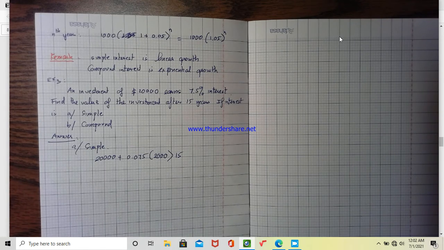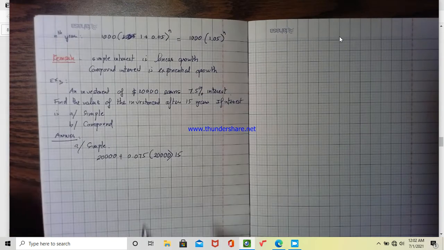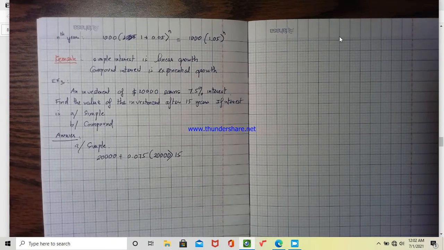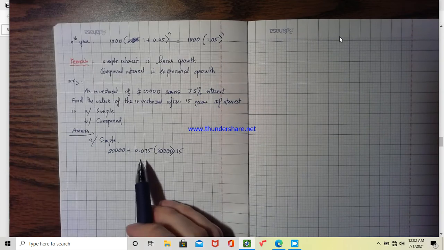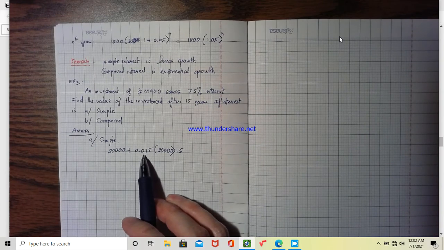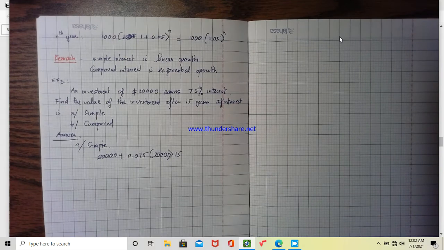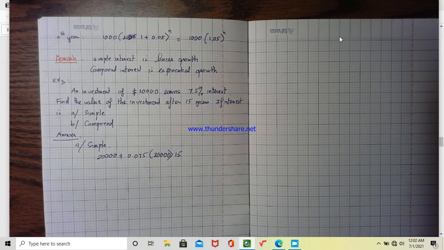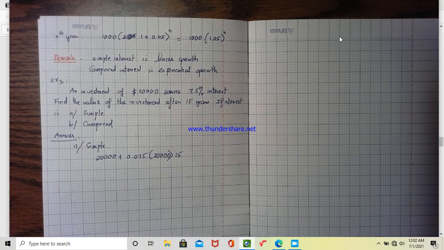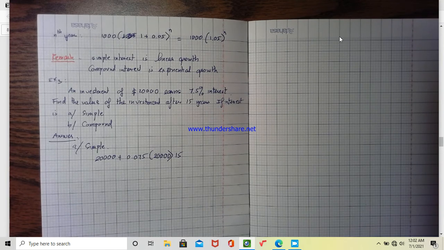So you multiply 0.075 by 20,000, and it gives you the amount of money you make based on the 7.5% interest.